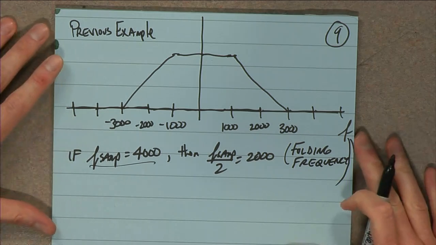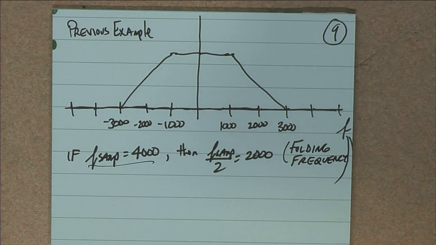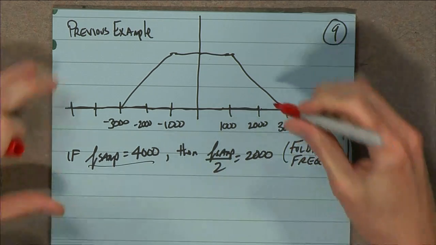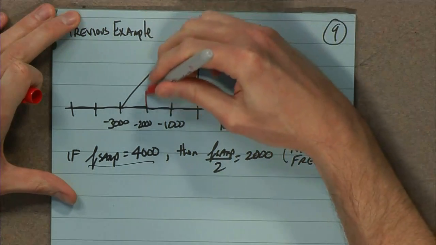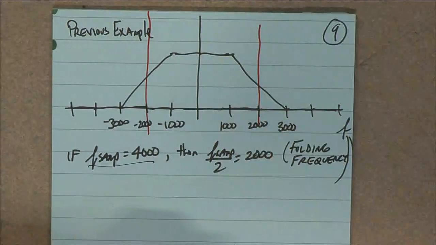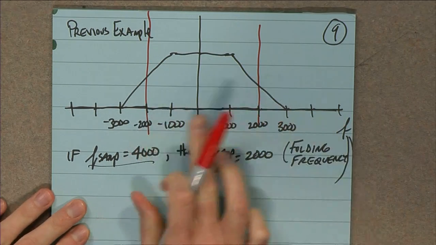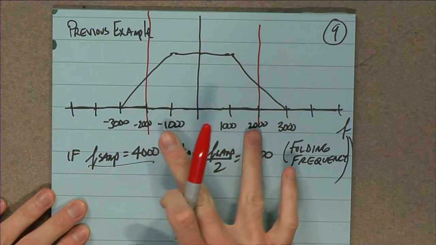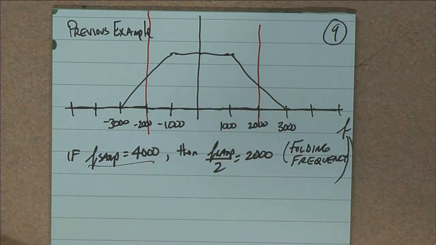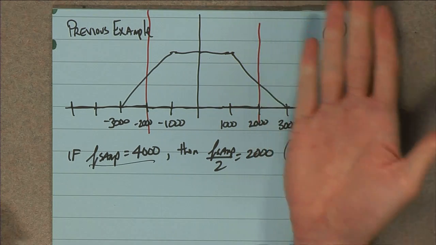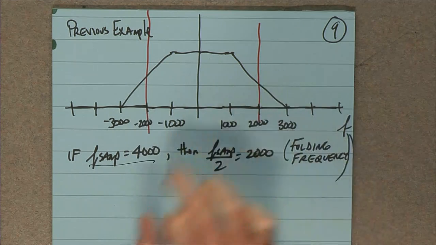And so the utility of this concept is that means I'm going to just draw kind of a red line on here at 2,000. And everything outside this line has to alias back in somewhere between plus and minus 2,000. All the frequencies out here have to come back in there. So in some sense they fold over, they're out of there, and they fold back in somewhere on this side.